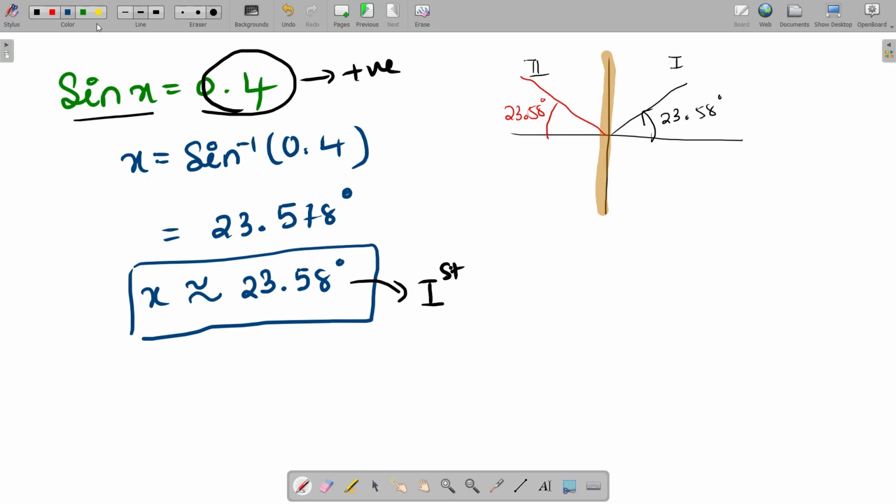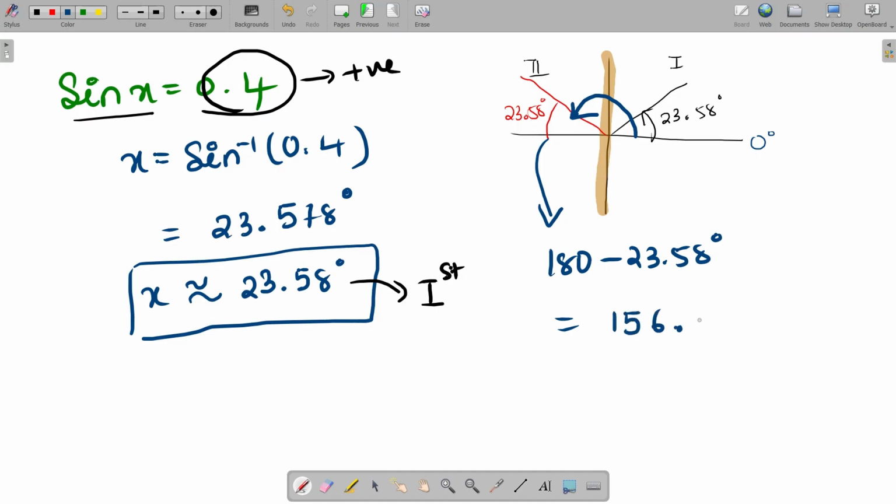Understand that we always measure the angle from 0 degree. 0 degree is here, and we measure it from this particular line to this point. And what is that angle? How do I find it? If you notice, I can find this angle by doing 180 minus 23.58 degrees. So if I do 180 minus 23.58, I get 156.42 degrees.